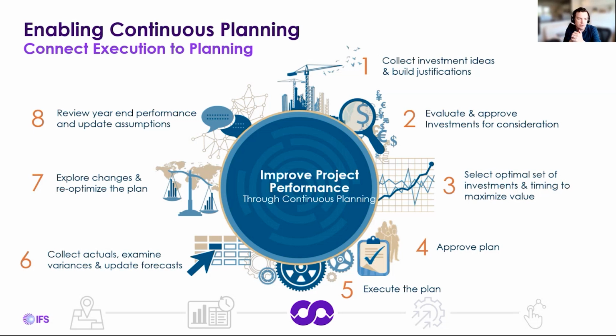If there's a cost overrun, which means we're exceeding the business constraint, we can understand the trade-offs that we need to make to be able to meet our business constraints for that year. And then ultimately review performance and update the assumptions. So we recognize we've made assumptions going into the plan, and we can use that feedback loop to inform future plans as well.